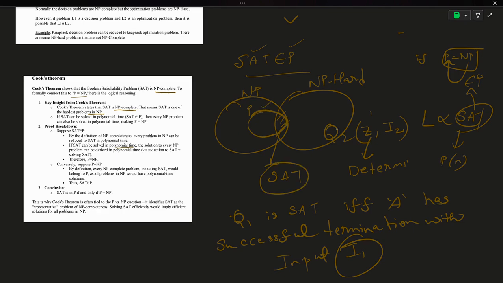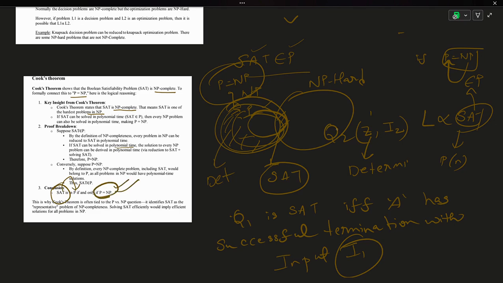Satisfiability belongs to P only if all the non-deterministic algorithms are deterministic. It means this P keeps on expanding, and at some point in the future, this P becomes NP. So, in one line, Cook's theorem simply states that satisfiability will be in P only if P is equal to NP.